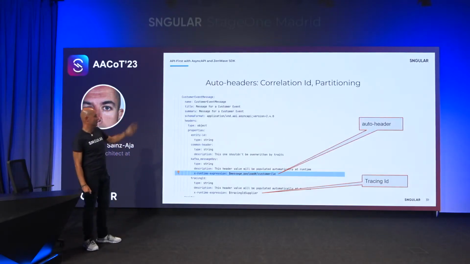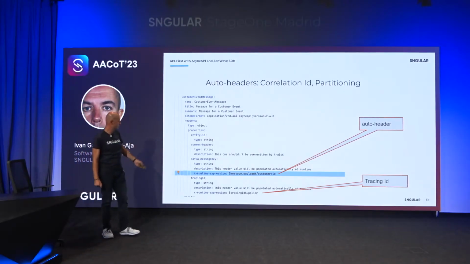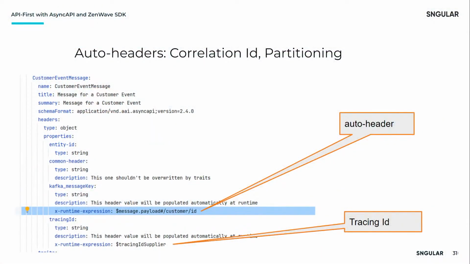And for auto headers, it follows this convention. It has this runtime expression that will fill the value of this header from the message payload customer ID. Using reflection at runtime, it's going to get that ID and fill the header.